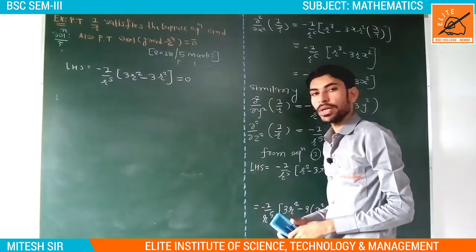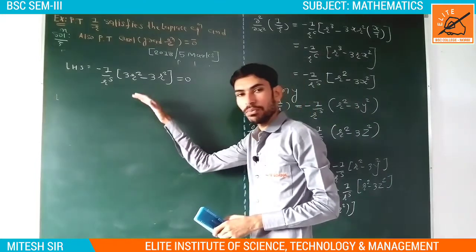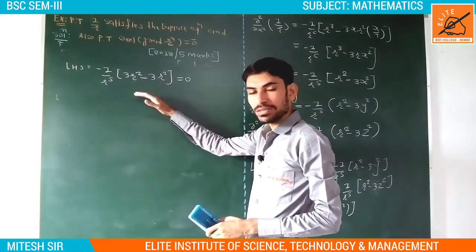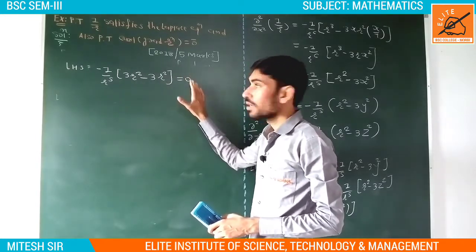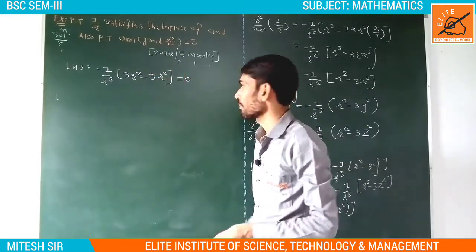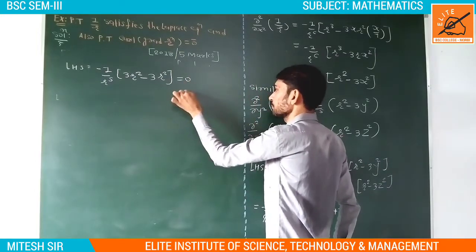So friends, what did we prove? Del square upon del x square of 1/r plus del square upon del y square of 1/r plus del square upon del z square of 1/r is equal to 0. That means our function 1/r satisfies the Laplace equation, LHS is equal to RHS.